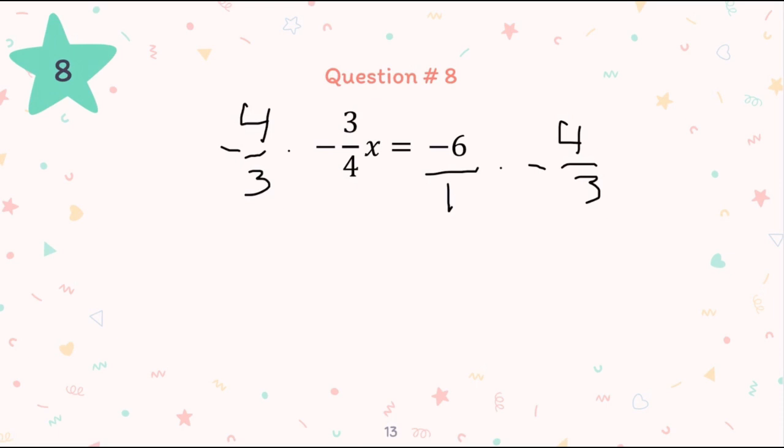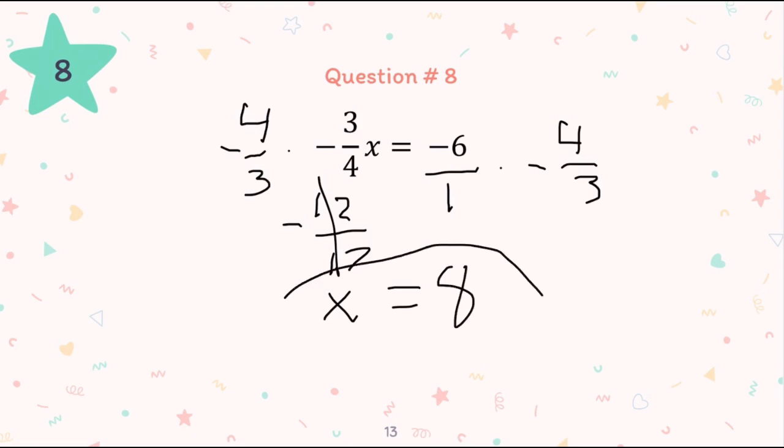And then 3 times 4 is 12. So we get negative 12 over 12, which equals negative 1, and then 1 equals x. So we're just going to have x. And then negative 6 over 1 times negative 4 over 3 is equal to 8. So x is equal to 8.